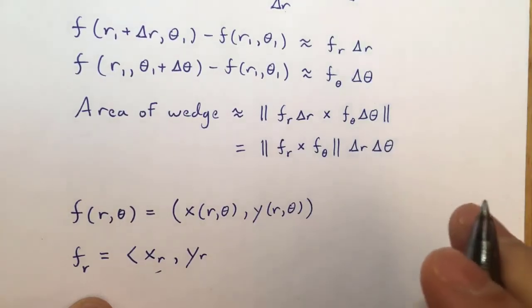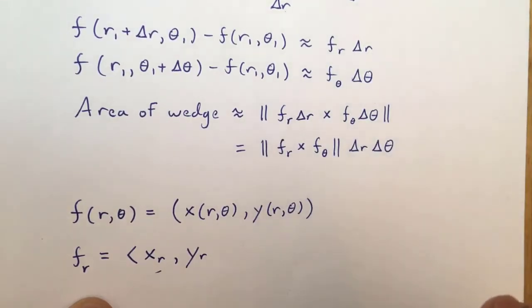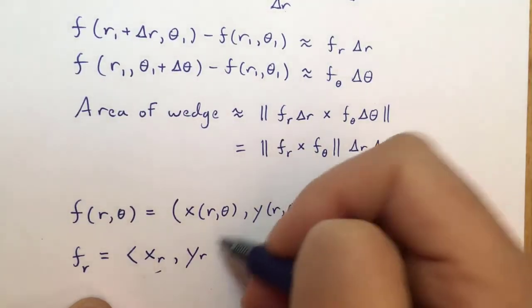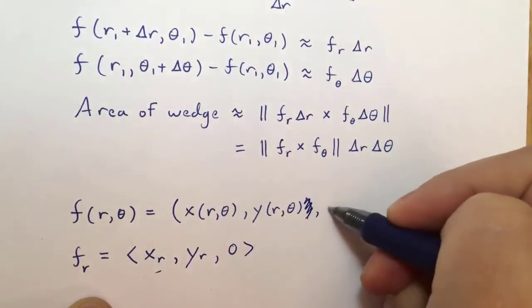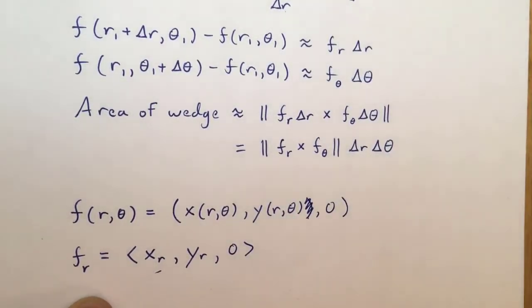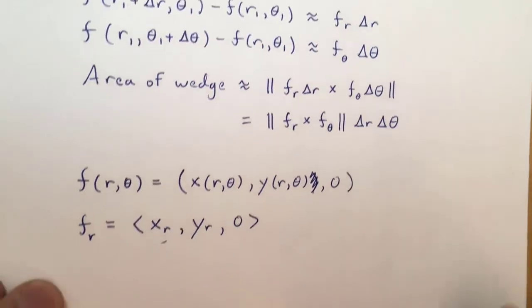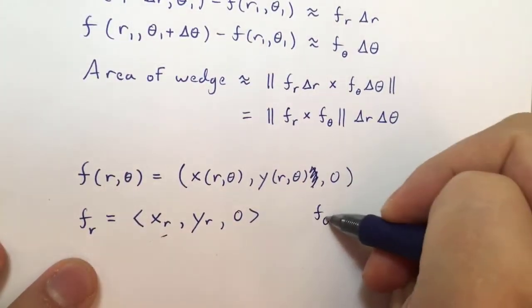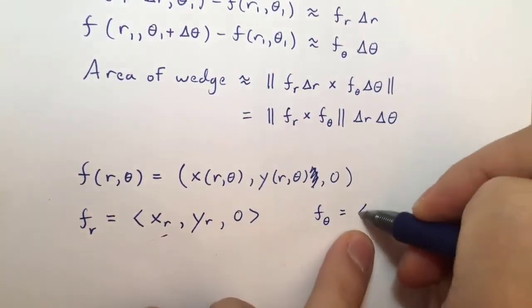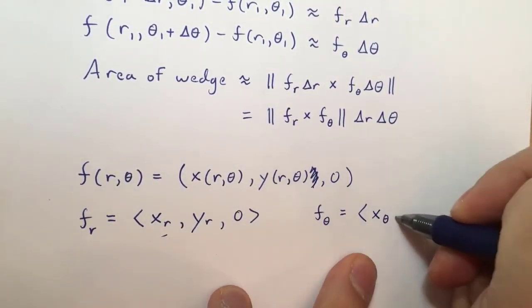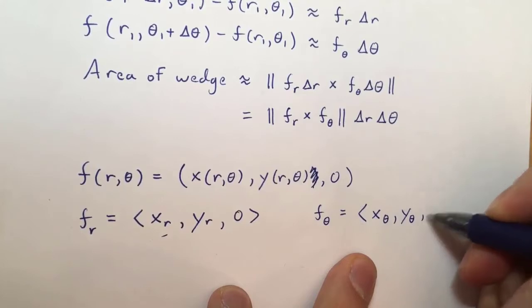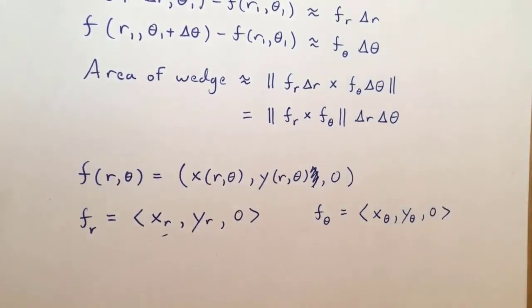But if we're going to take the cross product, we need to think of it as a 3-dimensional vector. So we're going to add a third component. Maybe I could have done that up here, said this is a point whose third component is 0. If you want to think about it that way too, that's fine. Make the change up here before we get to here. And then f_theta. Well, that's what I get when I just differentiate these with respect to theta. So I'm going to have x_theta and y_theta and 0.